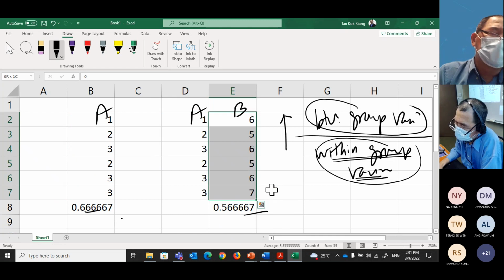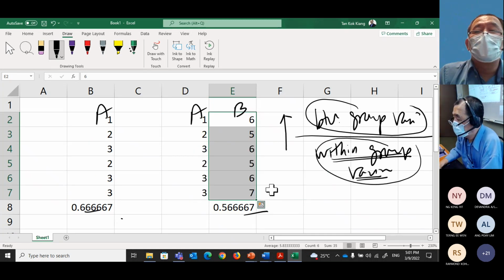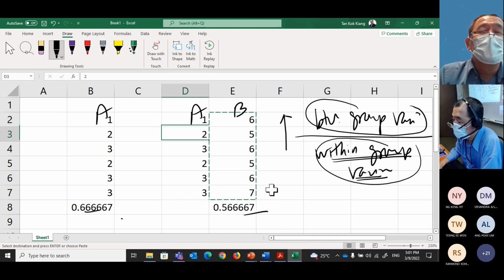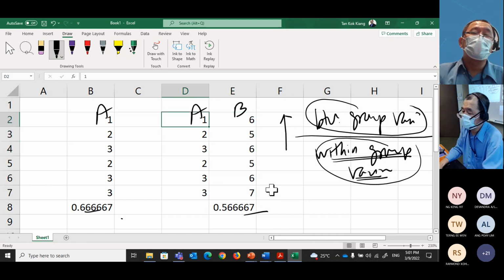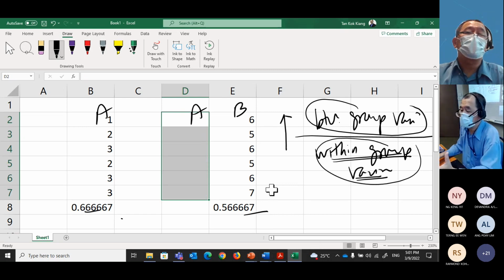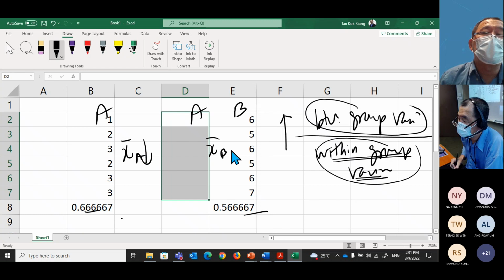Actually, it's not this. Actually, there's another formula to compute between group variance. But from here we know the variance should be large, because in A, the X bar is small, but the X bar for B is large.